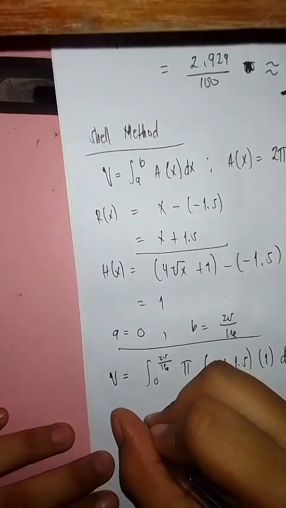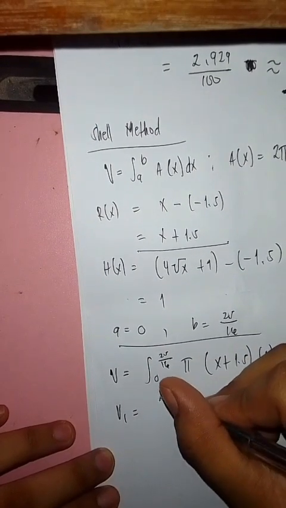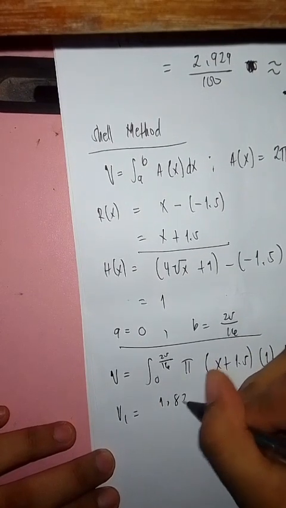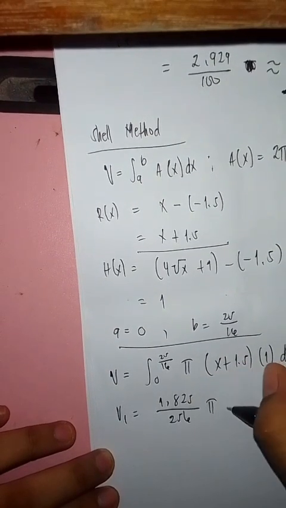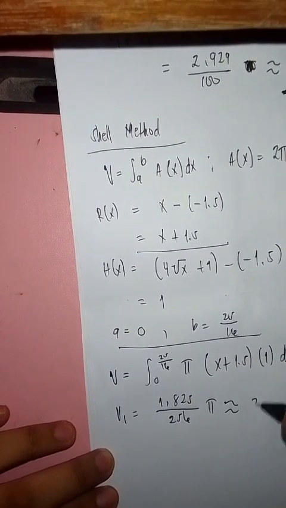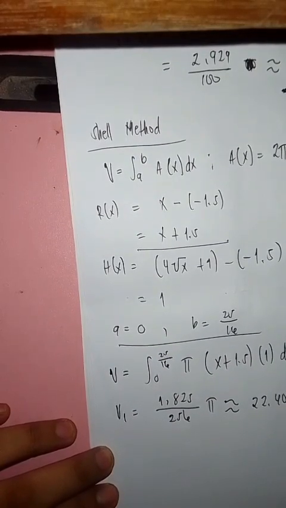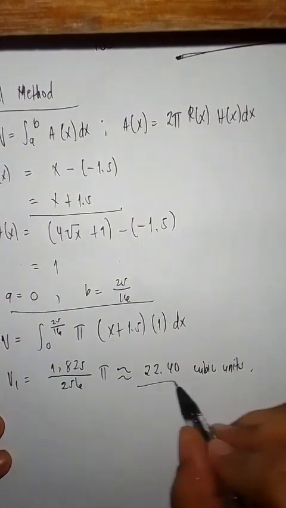Using the calculator, our volume 1 is equal to 1,825 over 256 pi, or approximately 22.40 cubic units. So this is our volume number 1.